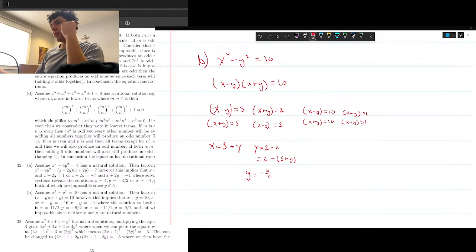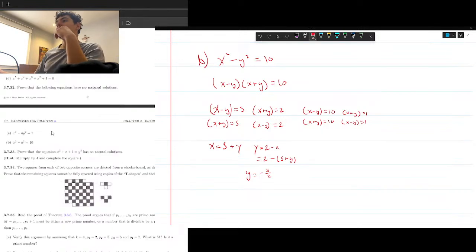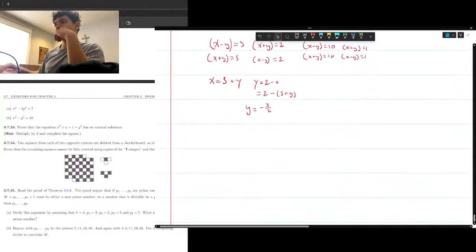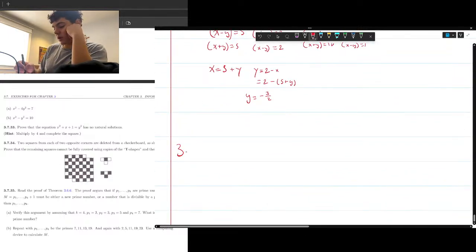Okay, they didn't even bother with the 5 over 2 solution, which doesn't make sense. Oh, guys.